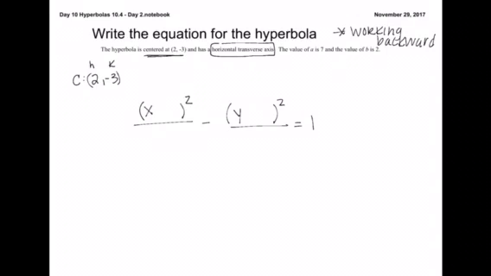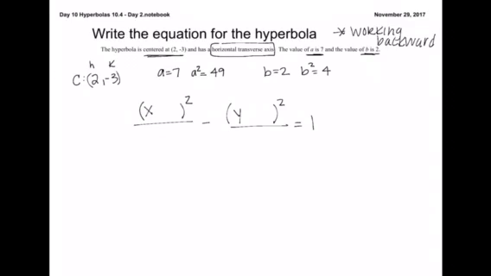And I know my hyperbola has to be set equal to 1. I also know that my value of a is 7 and b is 2. But in my equation, I need to know a squared, which would be 49, and b squared, which is 4.